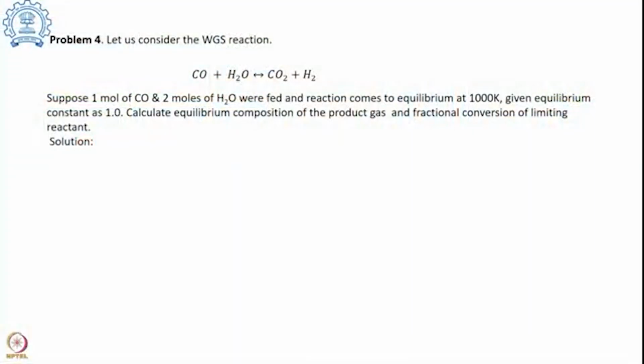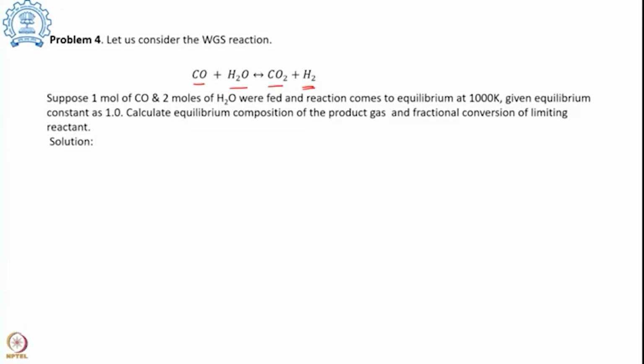Now, let us consider problem number 4 here. This is the next step of SMR, that is after reforming, which is water gas shift, wherein carbon monoxide again reacts with 1 mole of steam to produce carbon dioxide and more amount of hydrogen. So, this process we remember is water gas shift reaction, also known as carbon monoxide shift reaction.